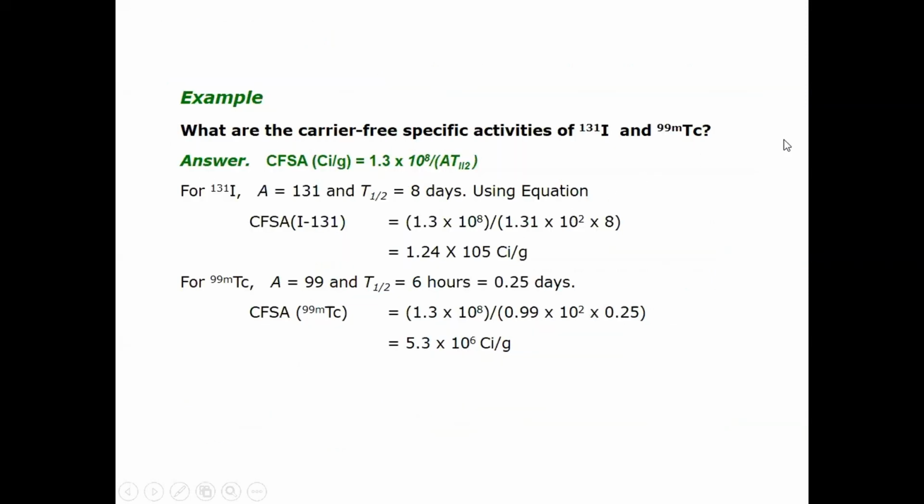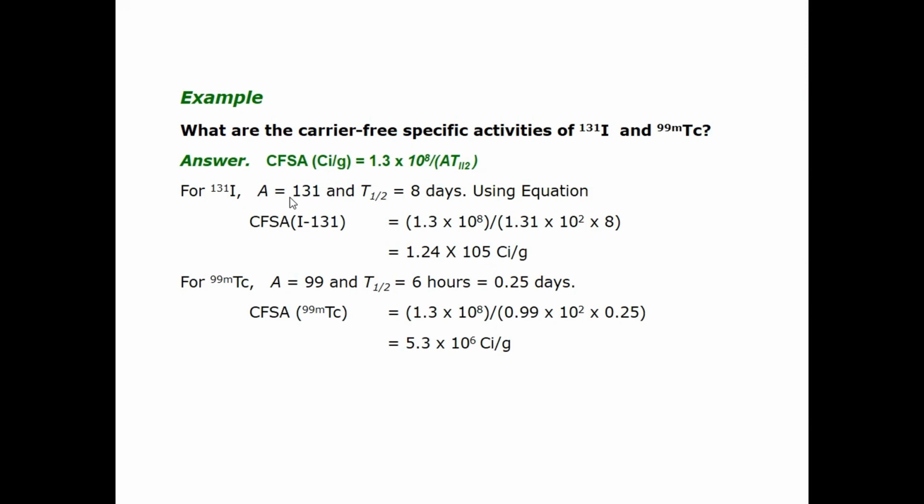Let's do one example of this kind of calculation and find the carrier-free specific activity of iodine-131 and technetium-99. The carrier-free specific activity in curies per gram is given by this equation.